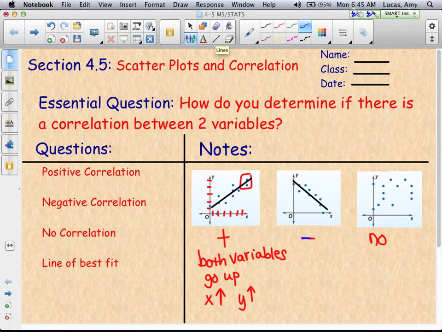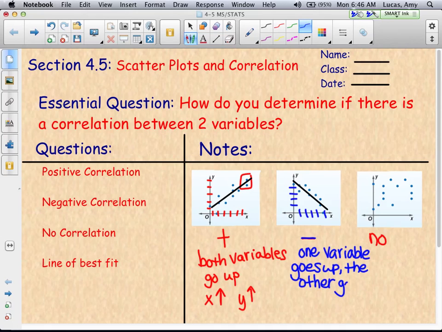On my negative correlation, what's happening for each of these variables? As I move along the x-axis and I get higher, the y values actually go down. So as one variable goes up, the other goes down. That's a negative correlation. It's like a negative relationship between the two variables.